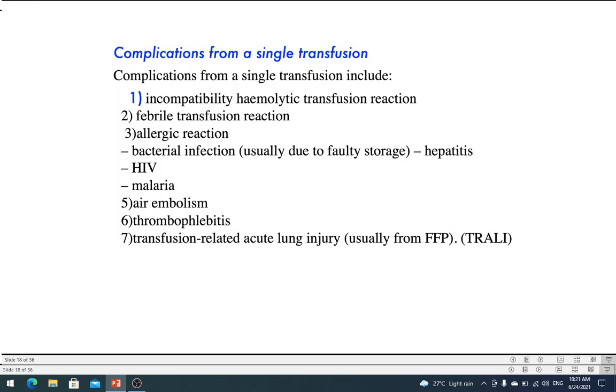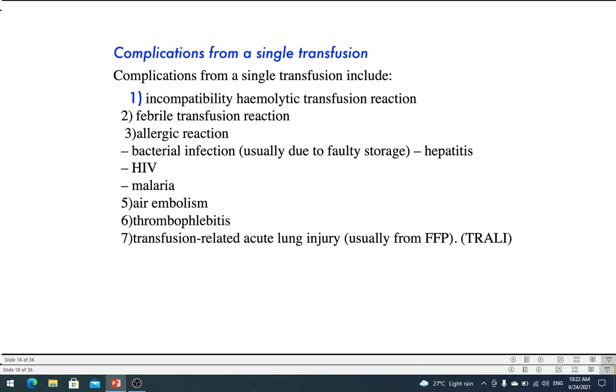Why we are stressing this so much is that the commonest cause of incompatible blood transfusion reactions is that the wrong blood is given to the wrong patient. And this most commonly takes place because of a clerical error. Either the blood bank sends the wrong blood and nobody worries about it, it's given, or the labeling at the blood bank is done wrong, something like that. It's usually a clerical error.